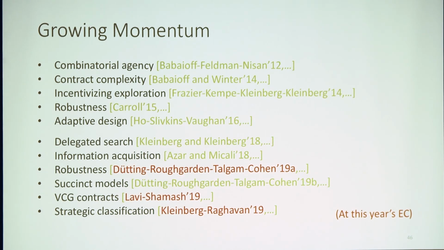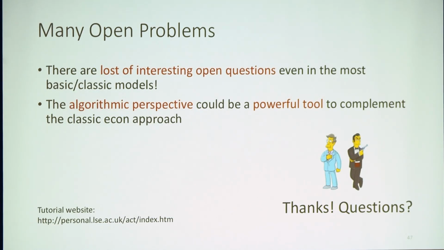But more recently, there has been a wave of works. All of the second half of this page happened over the last year, where basic contract design problems have been looked at by computer scientists. The ones highlighted in red will appear at this EC, so I strongly encourage you to go to these if you like the tutorial. I think there's lots of interesting work to do. And that's what I want to conclude with.